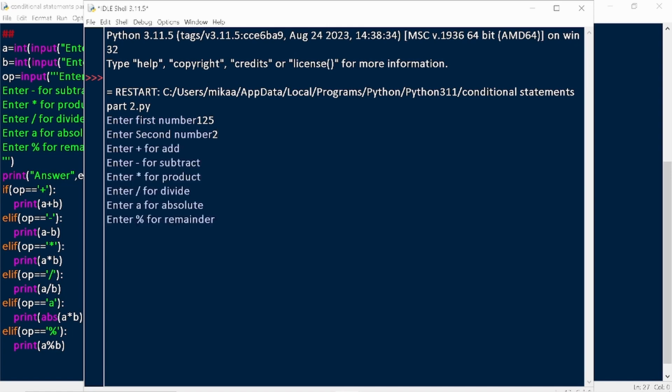Basically, it will divide the number by 2 and the remainder will be given to us with the help of modulus. The sign of modulus is percentage, and here you go, the answer is 1. So basically 2 times 62 is 124 and the remainder is 1.